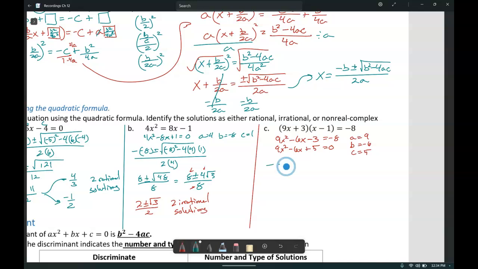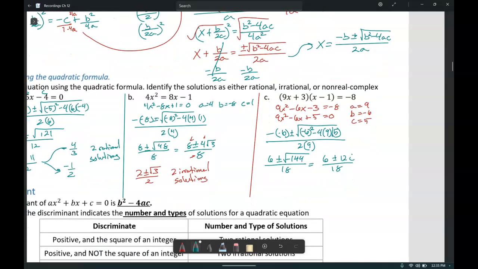Negative b plus or minus the square root of b squared minus 4 times a times c all over 2a. 6 plus or minus the square root of -144 over 18 equals 6 plus or minus 12i over 18.